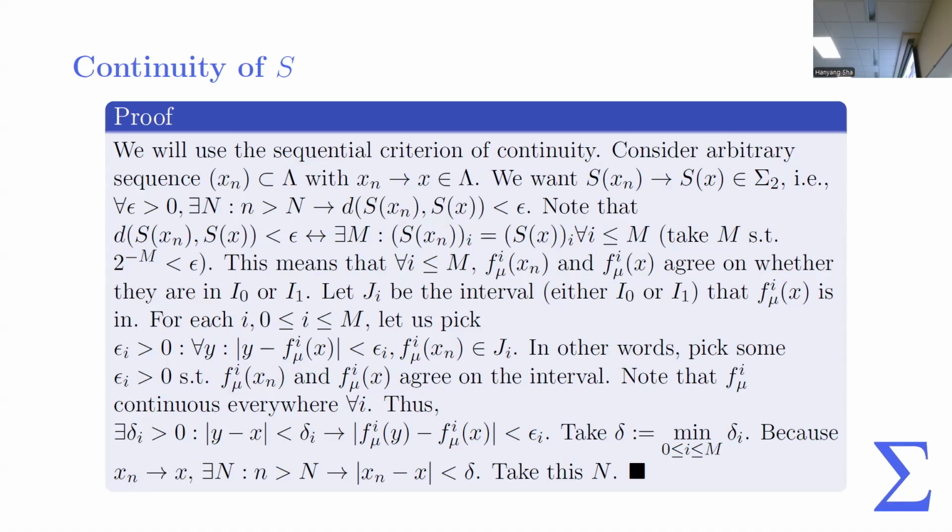Then for each i in the string, because f^i is continuous, we can pick some epsilon_i such that these two things agree on the interval.